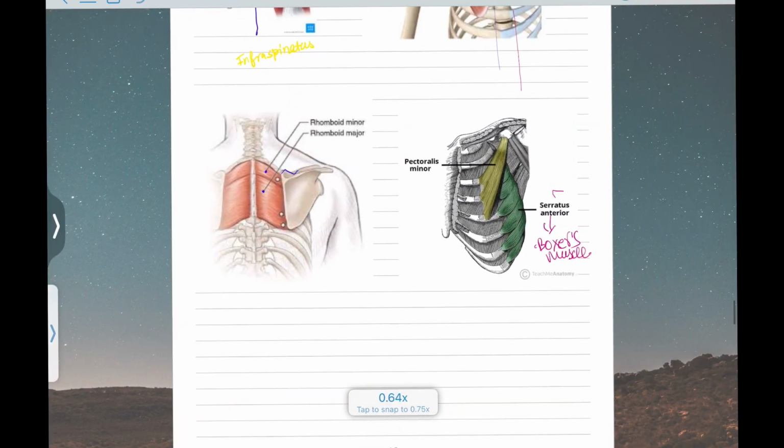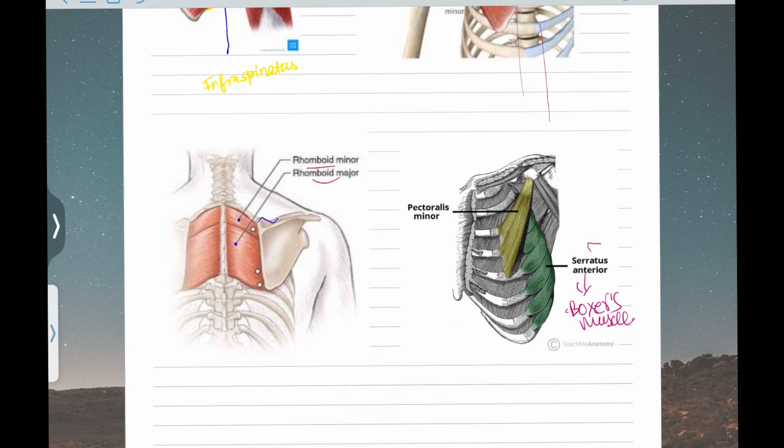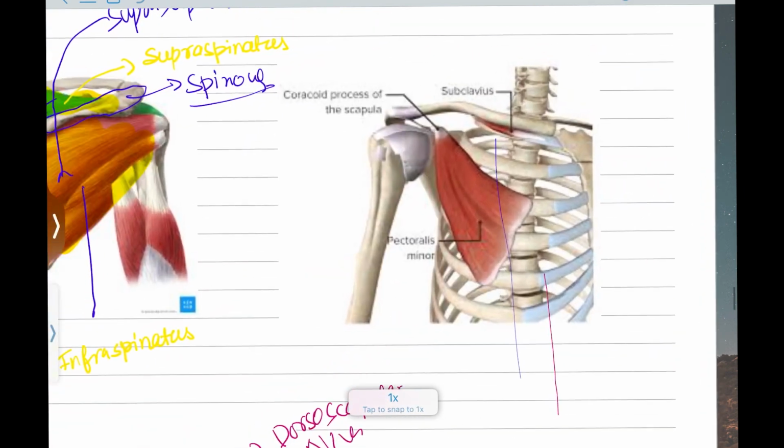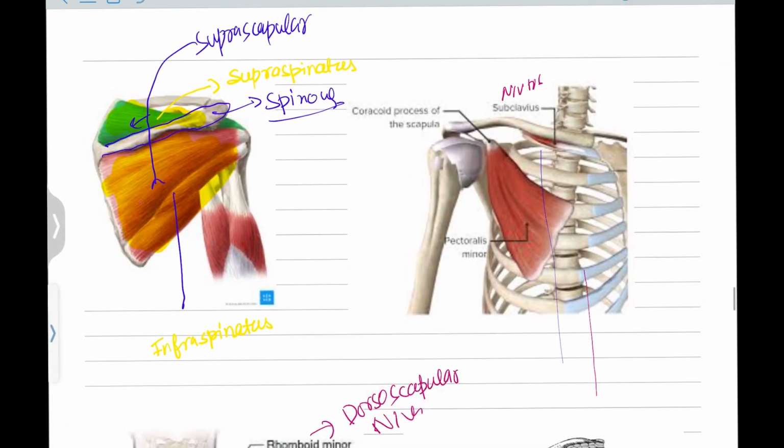We'll move forward. Rhomboid major, rhomboid minor. I told you from the roots there's a nerve known as the dorsal scapular nerve. That is going to supply the rhomboid major and rhomboid minor. Subclavius, the nerve to subclavius only.